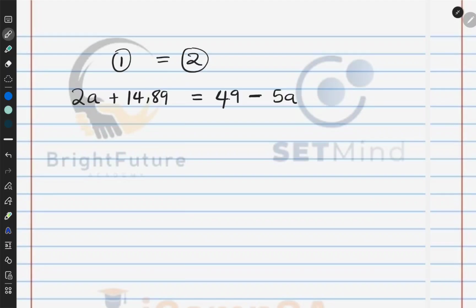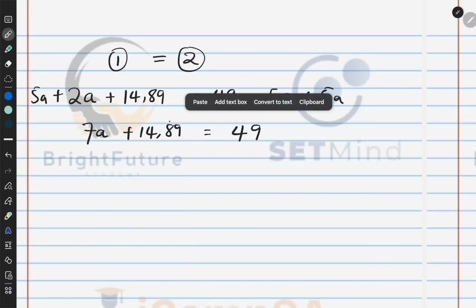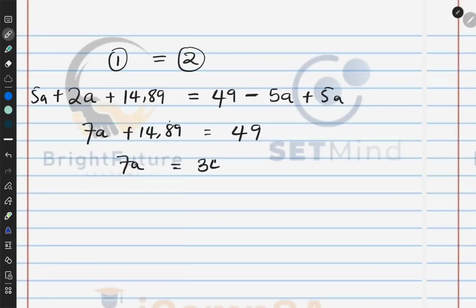So we can just plus 5a here, plus 5a there. Then you'd have 7a plus 14.89. This is simple maths, guys. Then you transpose this, so that means you have 7a equals, I get 34. From here, you just divide by 7. Then that's your a.